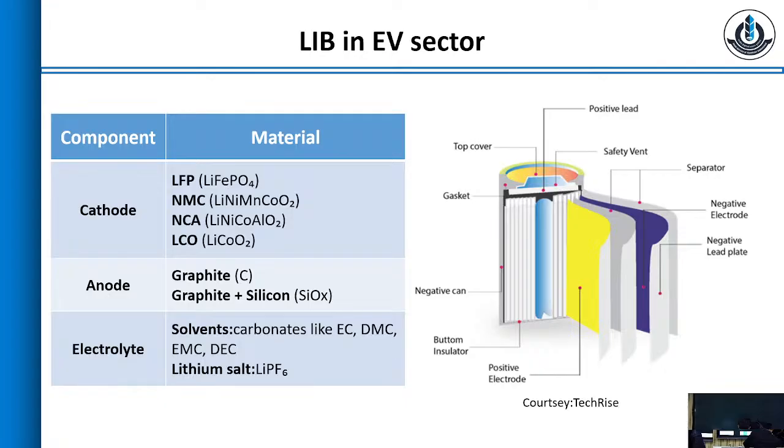So basically this kind of a cell has both oxidizing as well as reducing components.